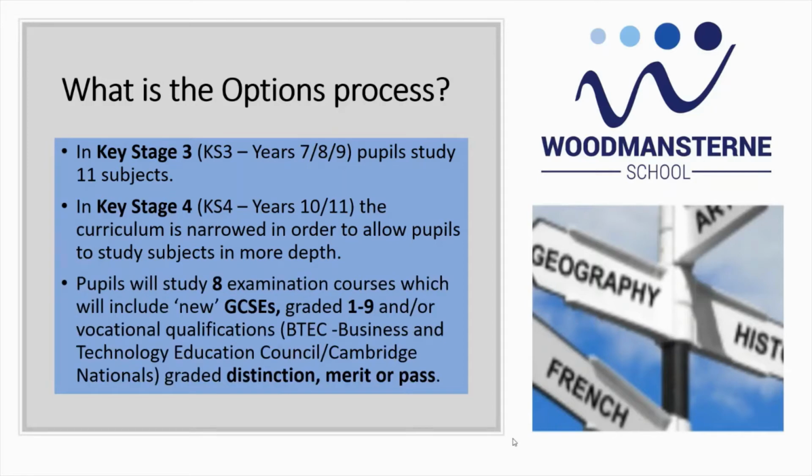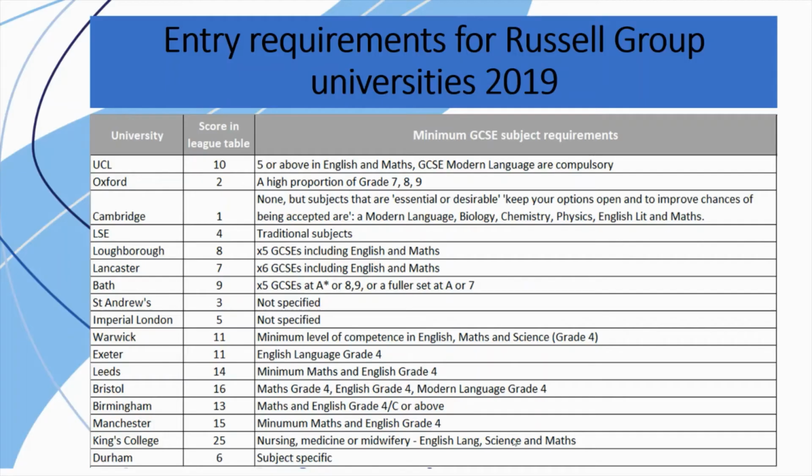They will study 8 examination courses usually, which will include what we call the new GCSEs, which are graded 1 to 9, and I'll talk about that a little bit more later, and BTEC options as well. Some children who choose to do triple science in consultation with their science teacher will study 9 GCSE or BTEC subjects in total.